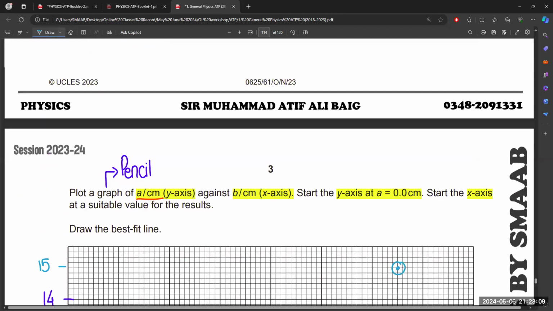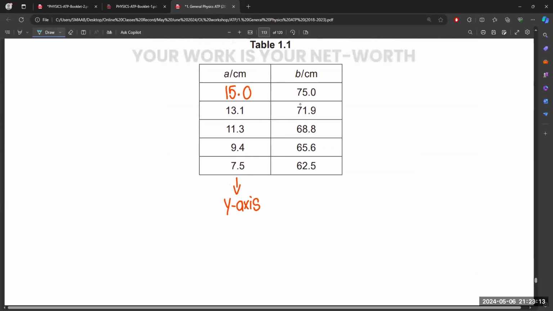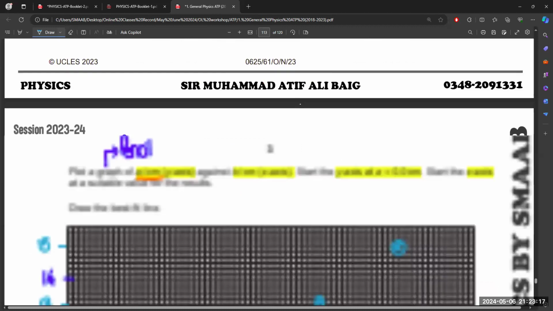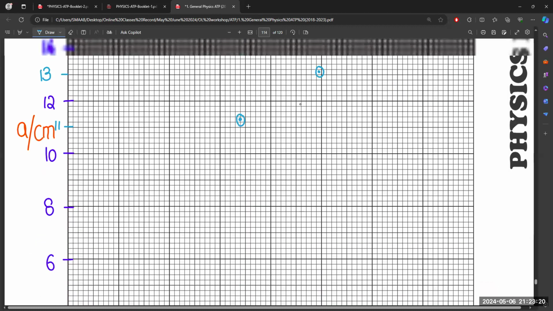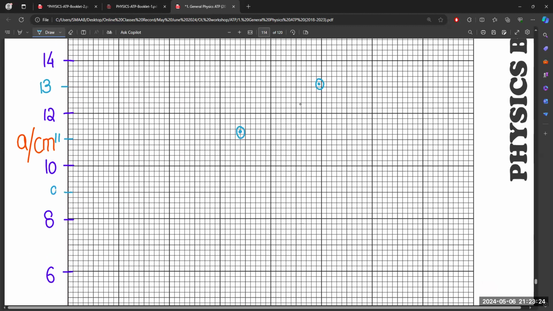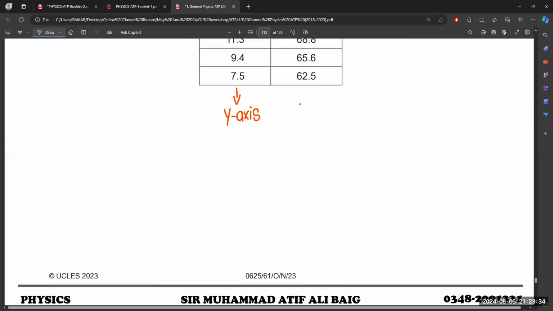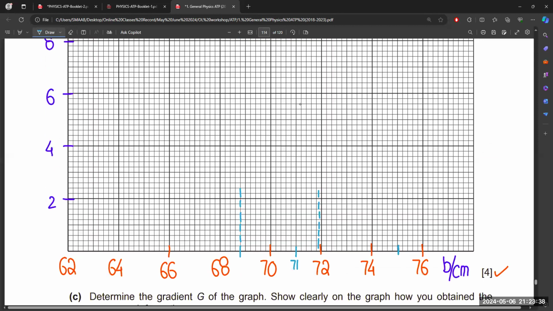But if your scaling is not good, definitely you will get confused in marking the points. 9.4, 65.6. 9.4, 9.2, 9.4. 65.6. Sorry, this is 67. This is 65.